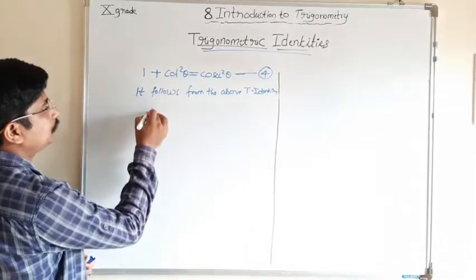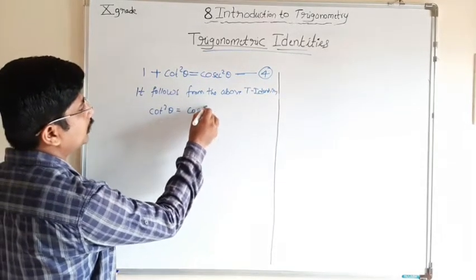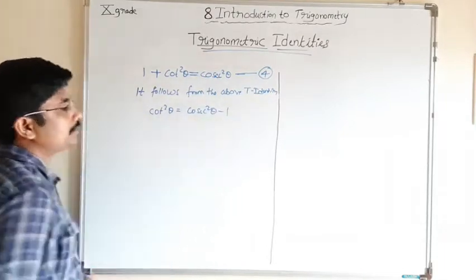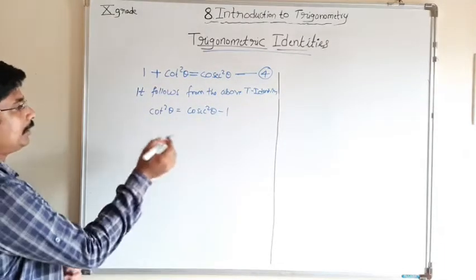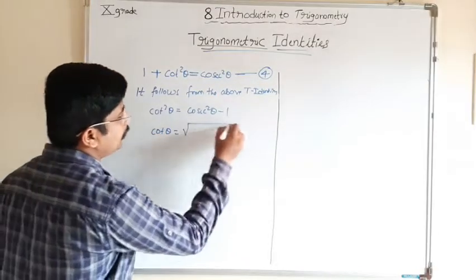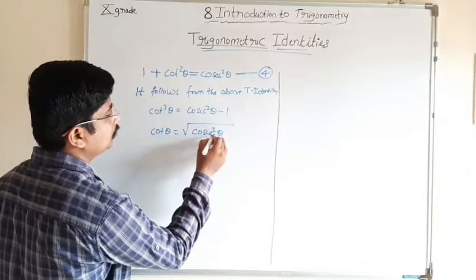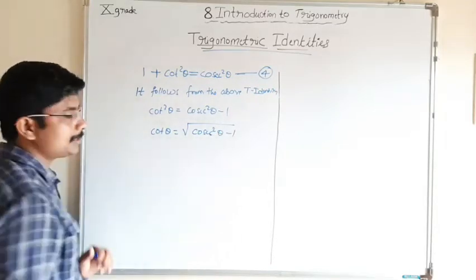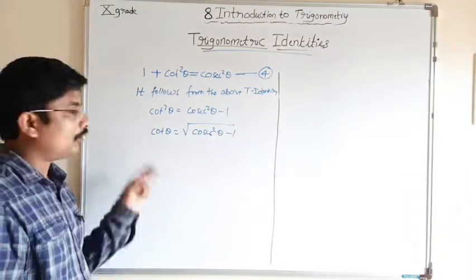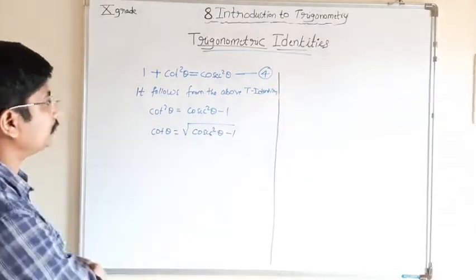So here cot square theta is equal to cosec square theta minus 1. Next, cot theta is equal to under root cosec square theta minus 1.